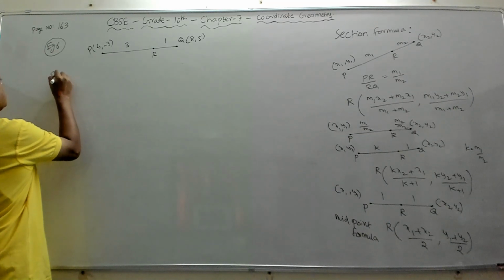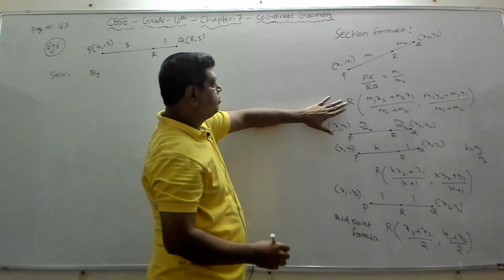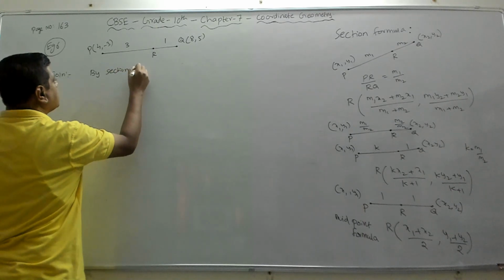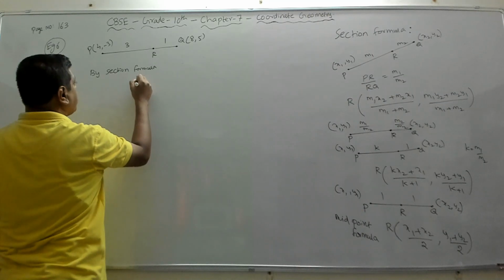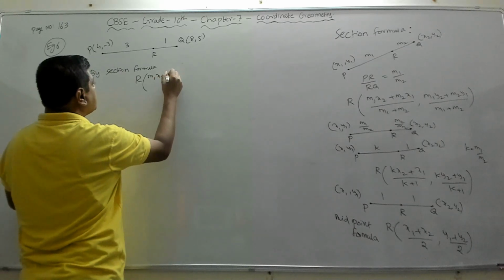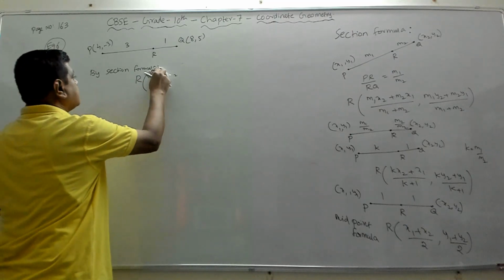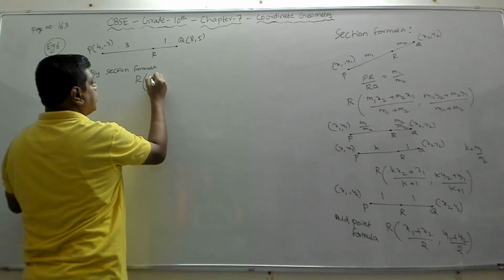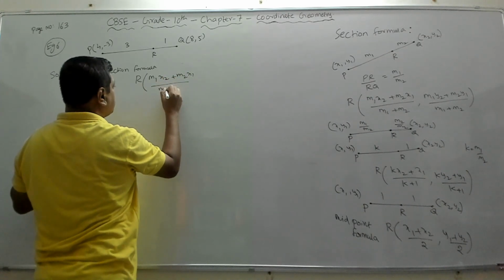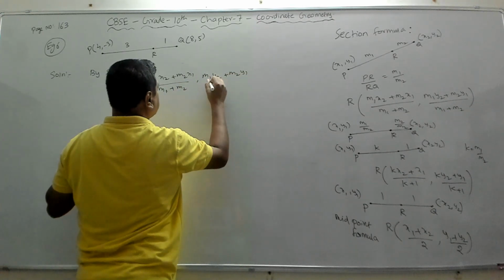So the solution: what do we have by the section formula? This is called the section formula. By the section formula, the point R is given by m1 x2 plus m2 x1 by m1 plus m2, comma m1 y2 plus m2 y1 by m1 plus m2.